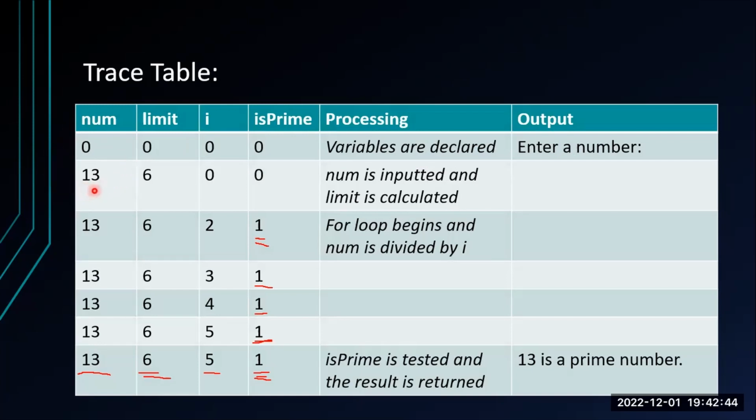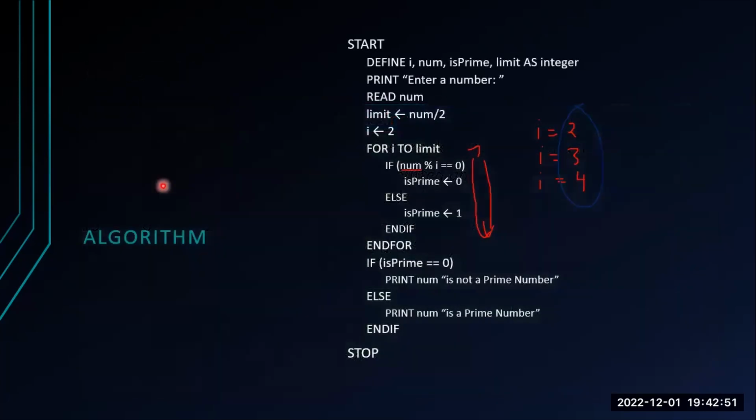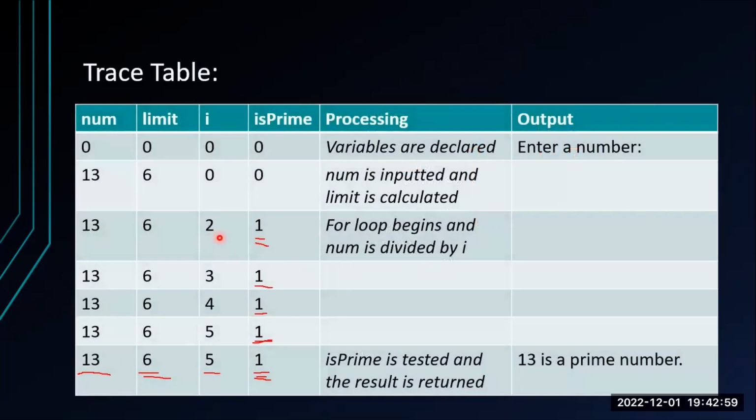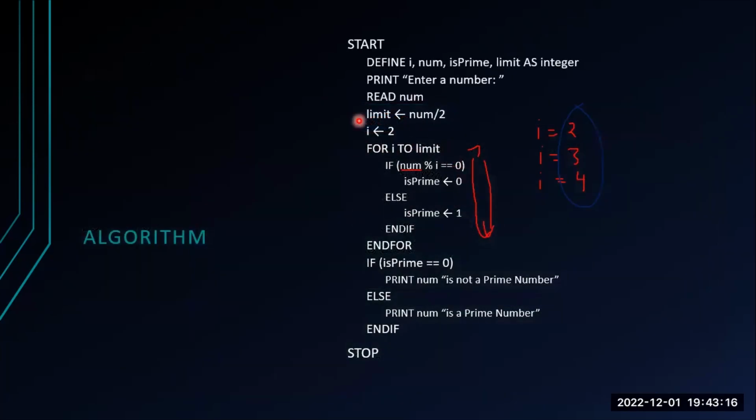When we come at this point and divide 13 by 2. So then after that point, you'll come into our for loop here. So I is immediately set with the value of 2. So then we will start from 2, and then the number will increase as we divide. So here, there's a built-in incrementer in a for loop.